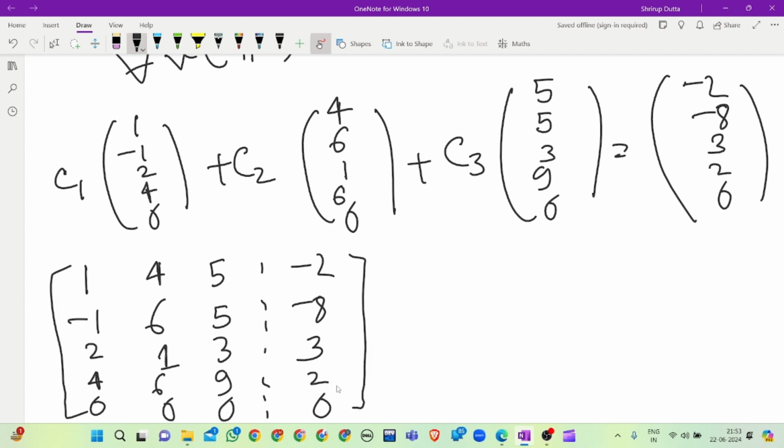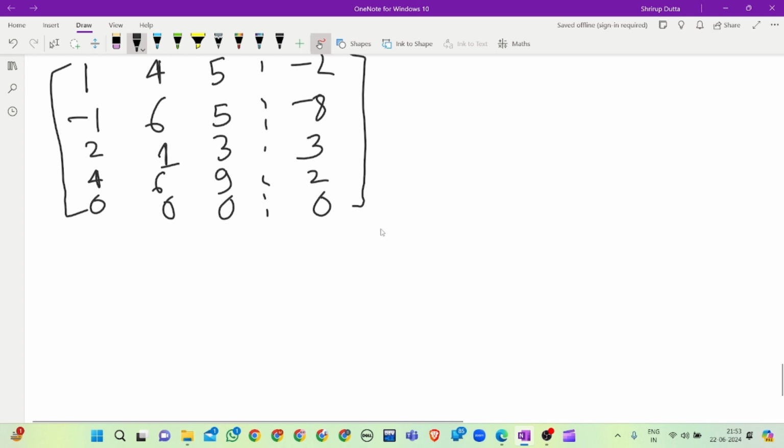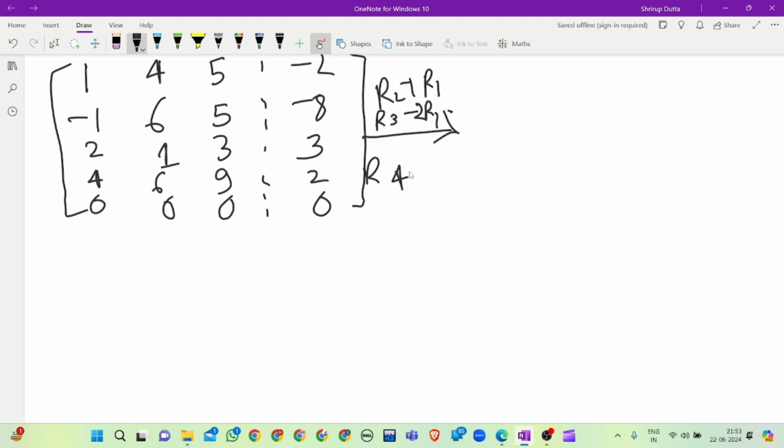So let's do some row operations: R2 plus R1, R3 minus 2R1 and R4 minus 4R1.